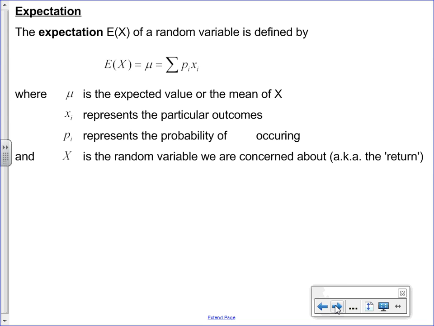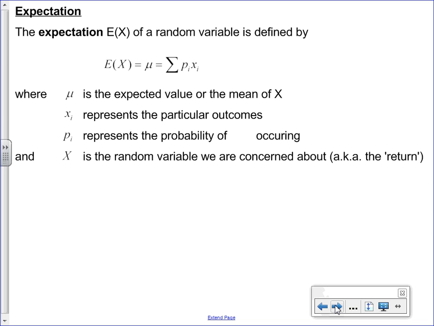Anyway, here's how you make money. Expectation, right? So, take the notation E of big X. E of big X is just like the average that you would expect from winning or getting what you want. So we've seen this notation for mu.